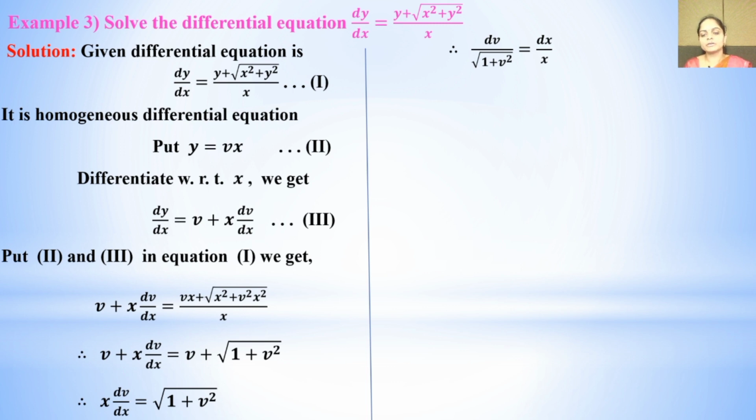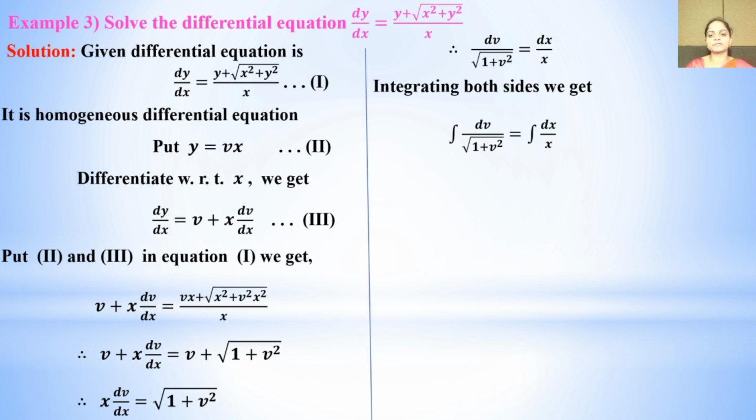On integrating, we get general solution. Therefore, integrating both sides, we get integration of dv divided by root of 1 plus v square is equal to integration of dx divided by x. We know the formulae: integration of 1 upon square root of a square plus x square is log of mod of x plus root of x square plus a square, and integration of 1 upon x dx is log of mod x.